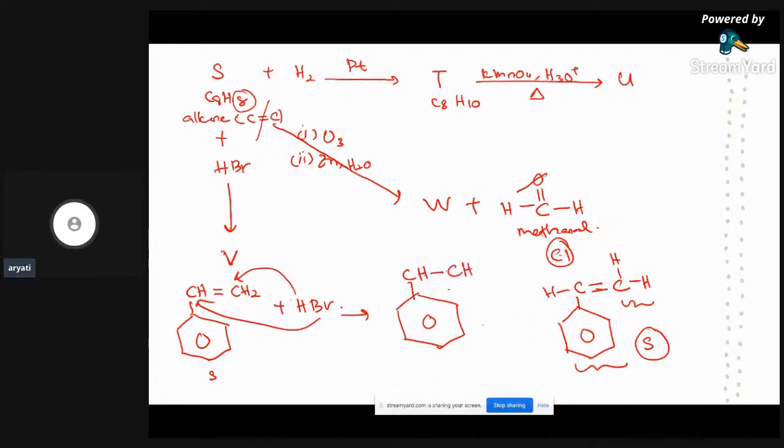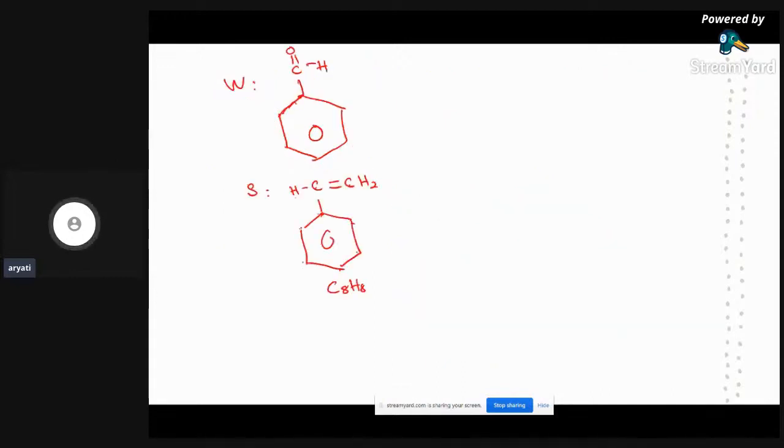So sini CH2 plus 1 jadi CH3. Ada Br satu kat sini. So this is the structure for V. So kita salin balik structure untuk V adalah benzene ring. So sini CH2 plus 1 jadi CH3, ada satu Br. So ini adalah structure bagi V.